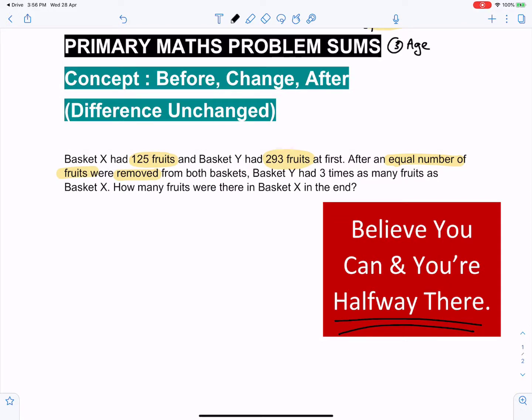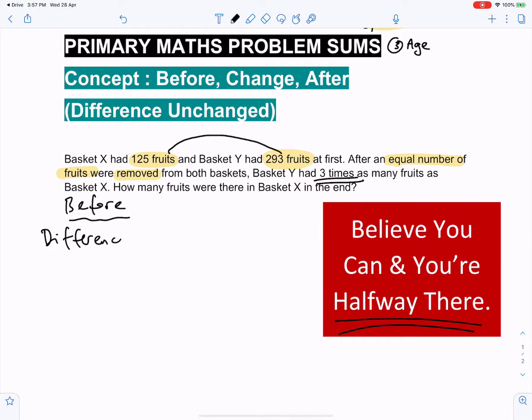Since I know this is a difference unchanged problem, I can find the difference at first. You don't even need to draw a BCA table because you just need to find the difference and work with the units in the end. So before the difference, let's see. 293 minus 125 is 168.